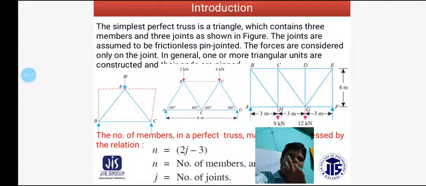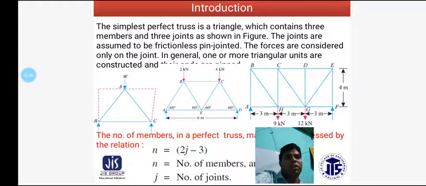Now, the simplest perfect truss is a triangle which contains three members and three joints as shown in the figure. So the joints are assumed to be frictionless pin joints and the forces are considered only on the joints.